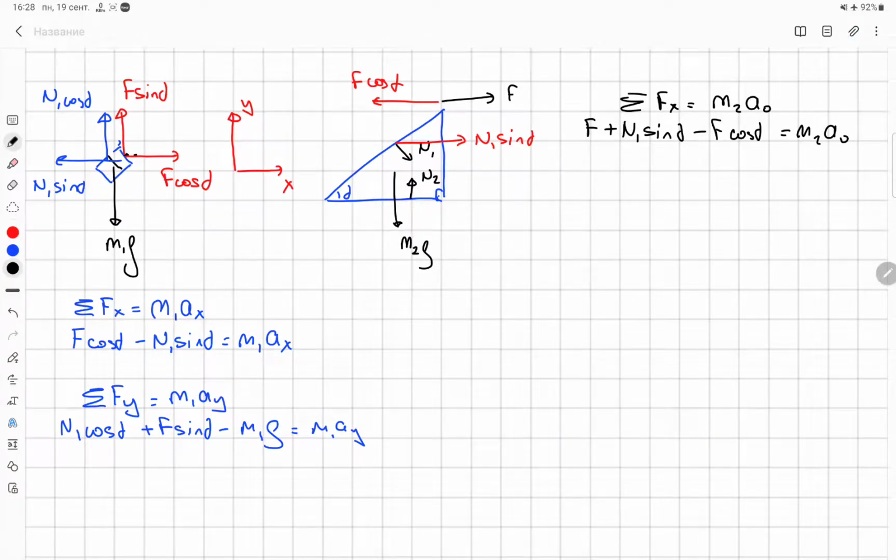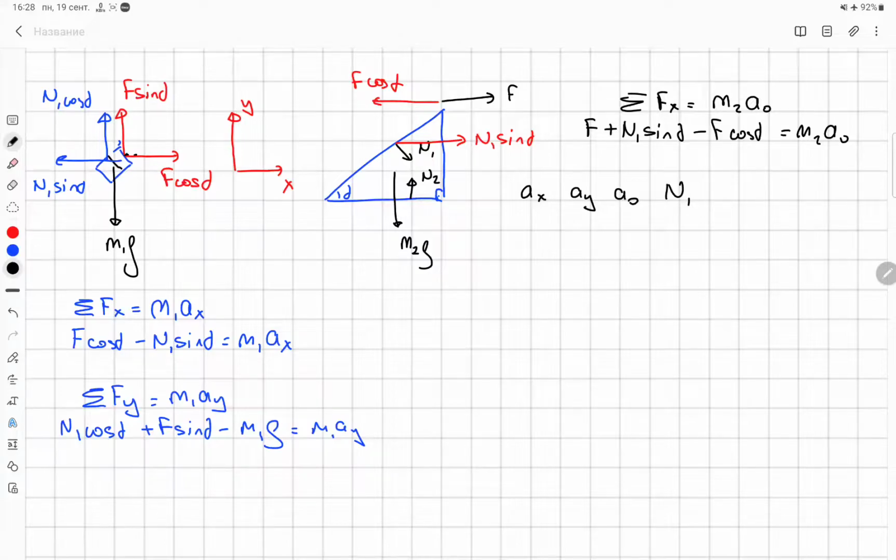So we have three equations, but four unknowns: ax, ay, a0, and the reaction force N1. It means, logically, in terms of mass, we need equation number 4. For this kind of problem, this equation number 4 is the relationship between accelerations.